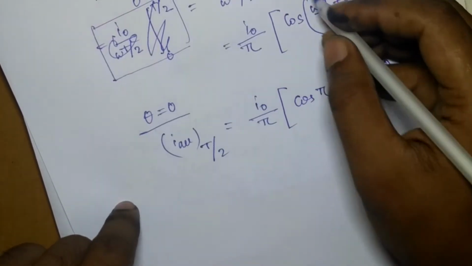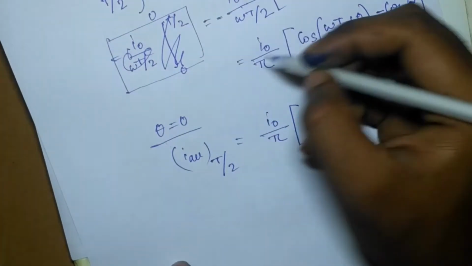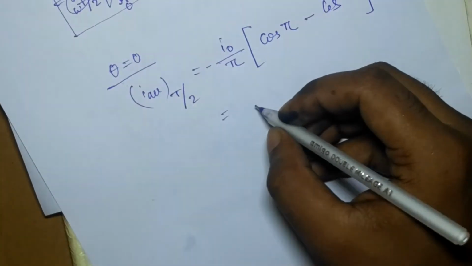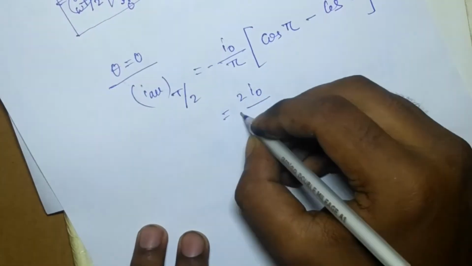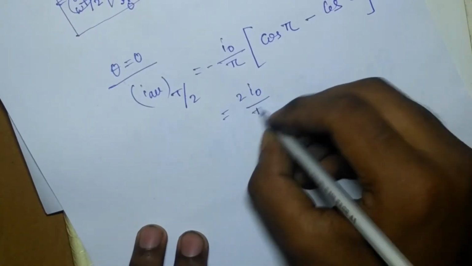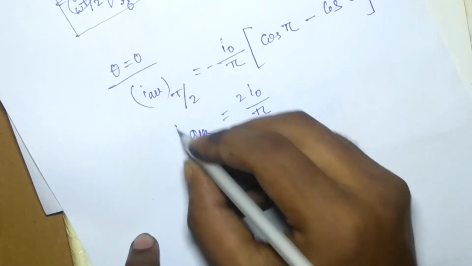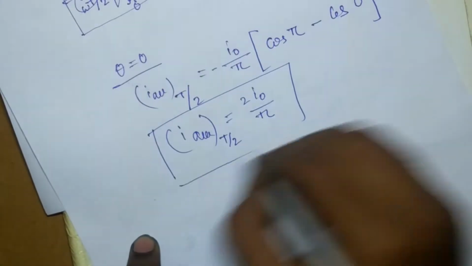There will be a minus quantity here. So I average for T by 2 equal to 2 I0 by pi.